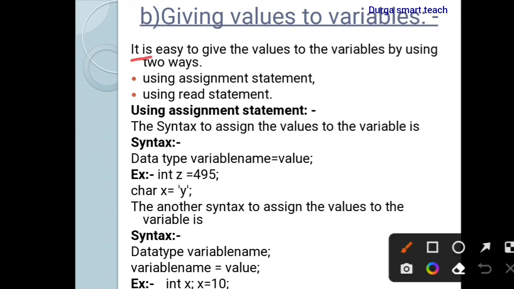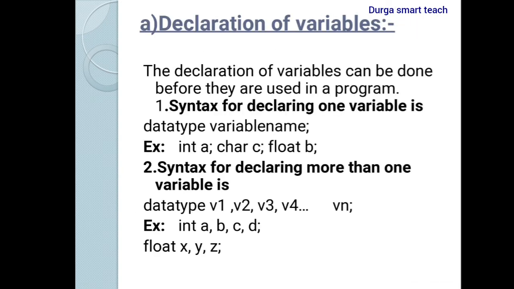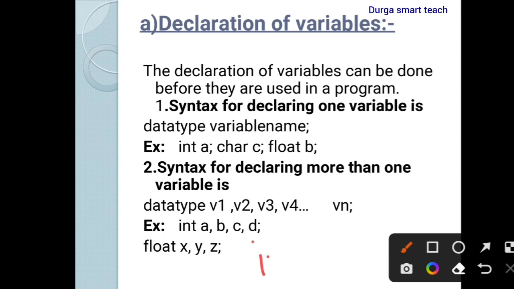It is easy to give values to a variable in two ways: the first is the assignment statement and the second is the read statement. Let's see the assignment statement first. The syntax is data type, variable name equals value. In the part of declaration you can give the value also.